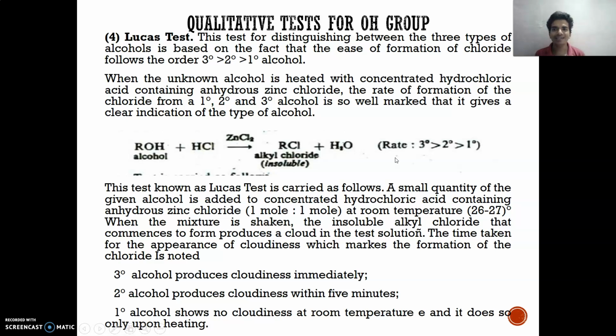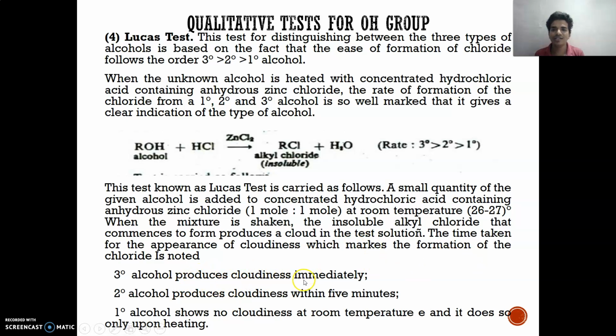So this test is known as the Lucas test. A small quantity of the given alcohol is added to concentrated hydrochloric acid containing anhydrous zinc chloride in 1:1 proportion at room temperature. When the mixture is shaken, insoluble alkyl chloride commences to form and produces a cloud, and the time taken for the appearance of the cloud is noted.